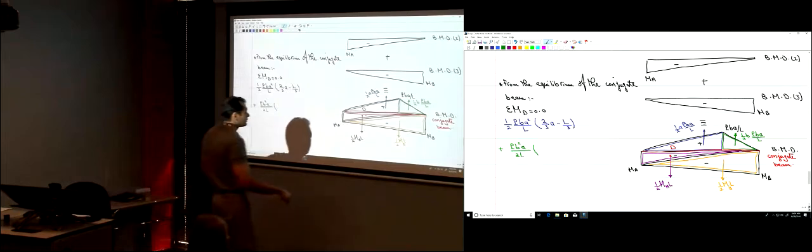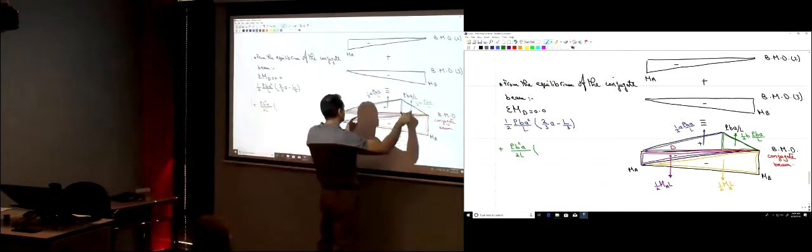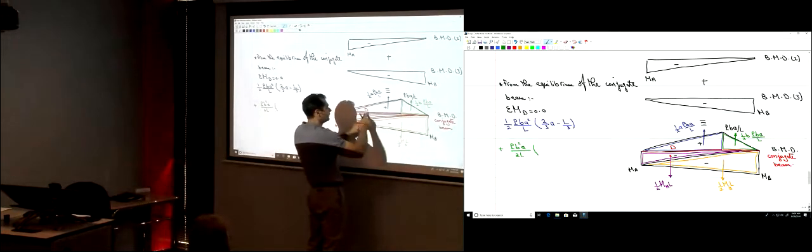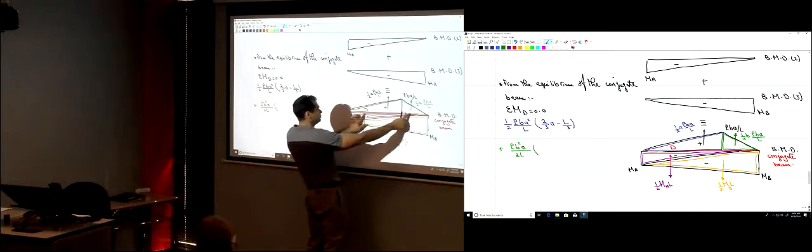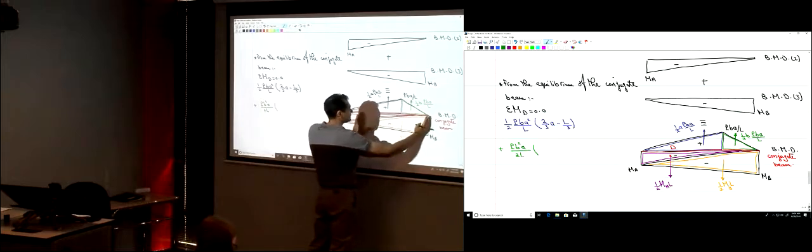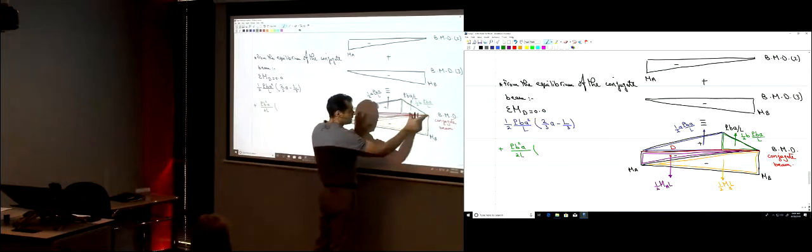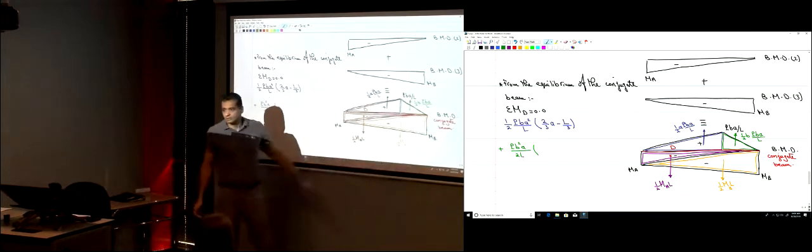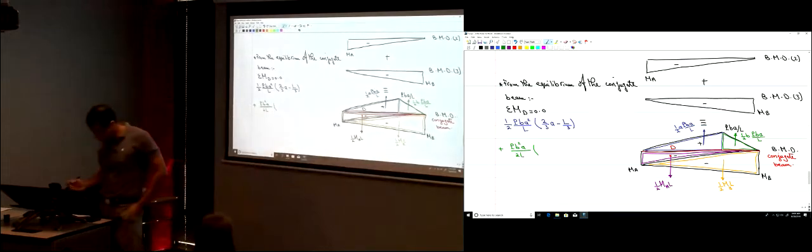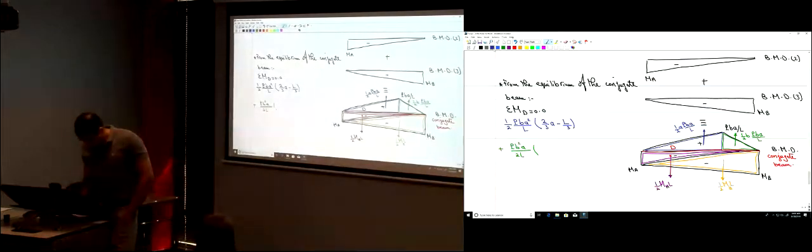How much is the distance from this point to this point? Okay? So it's this distance minus this distance, from B to B minus this distance. Right? How much is this distance? 2/3 L, sorry.